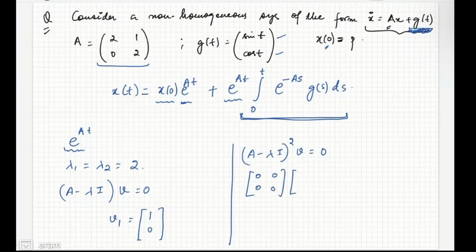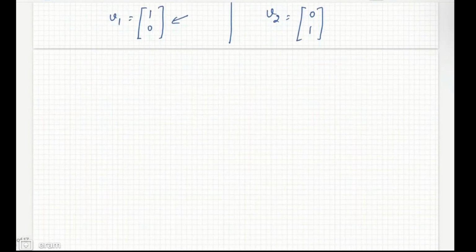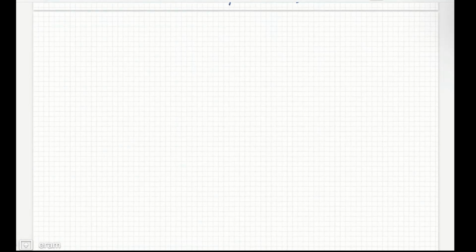So you are free to choose any value of v. Now since we have already chosen the first eigenvector as [1 0], the linearly independent eigenvector will be nothing but [0 1].